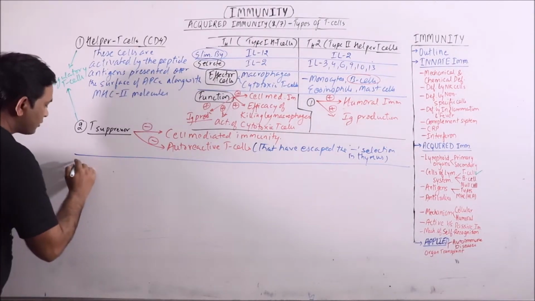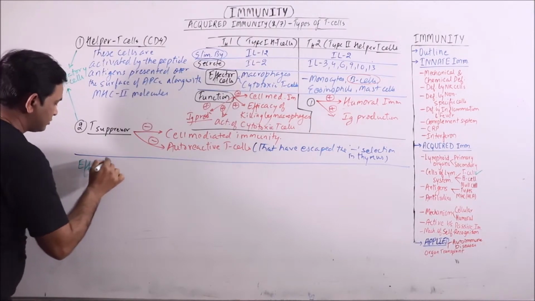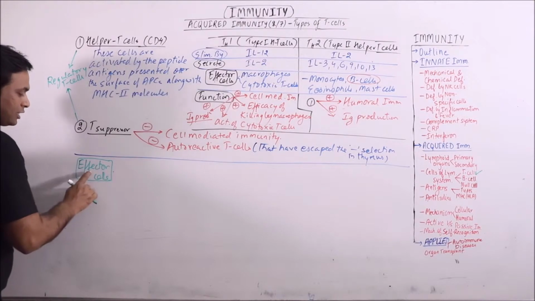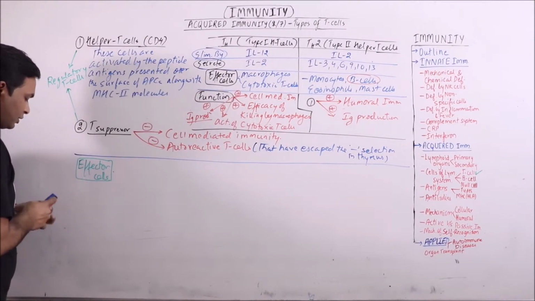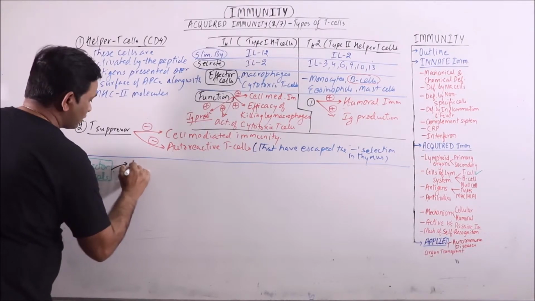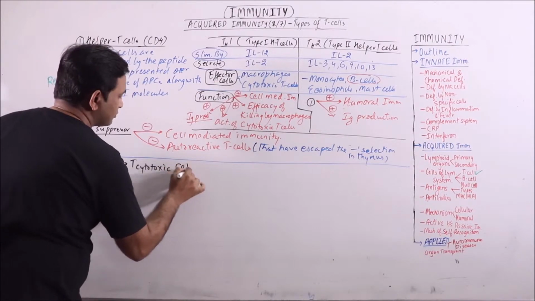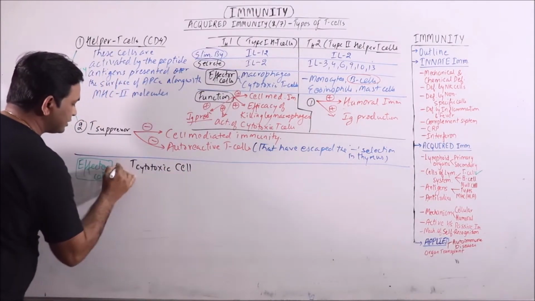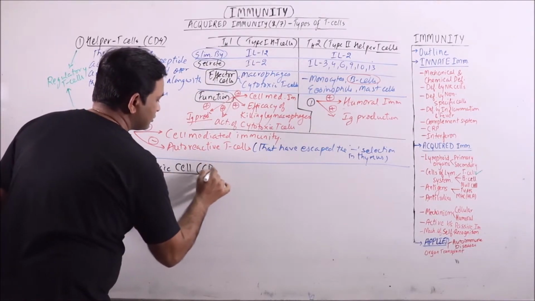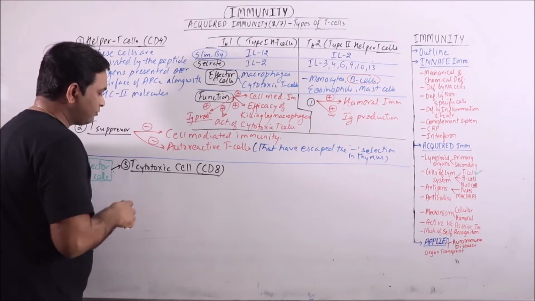Another is effector cells. The types of T cells which are termed as effector T cells are T cytotoxic cells. These are also known as killer T cells. So these are the third type of T cells, also known as CD8 cells. Now what is the main function?